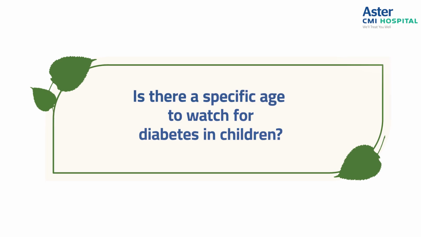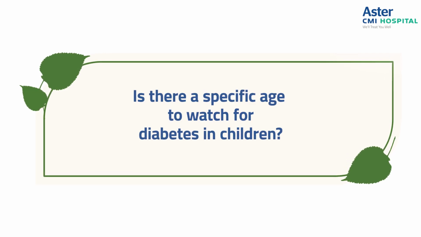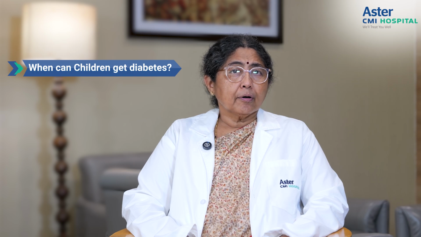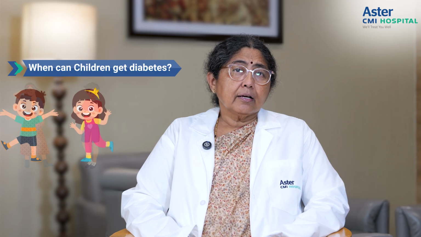So at what age should I be looking out for these signs of diabetes in children? Diabetes in children happens most frequently at two periods in a child's life. One is at school entry, when the child starts going to school, which is around 5-6 years of age, and another when the child enters puberty, usually around the teenage years.